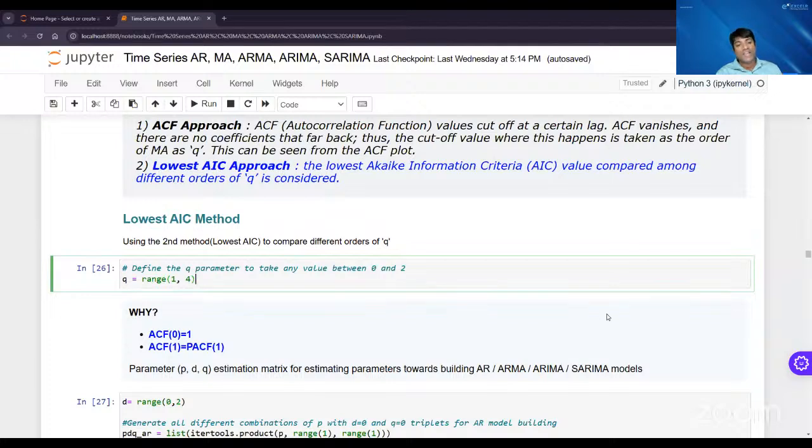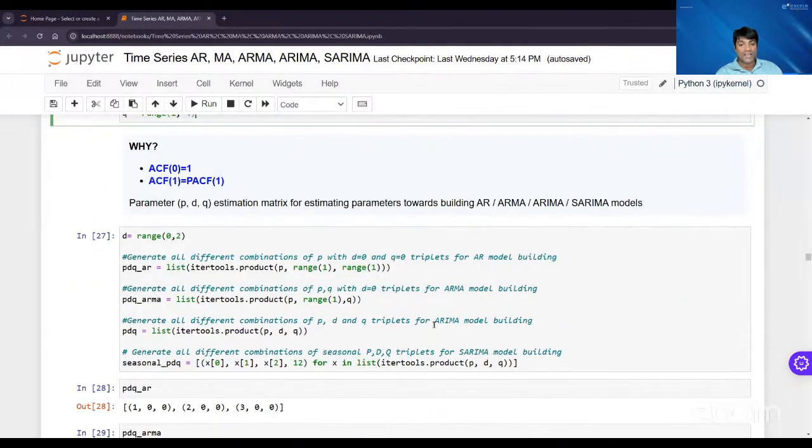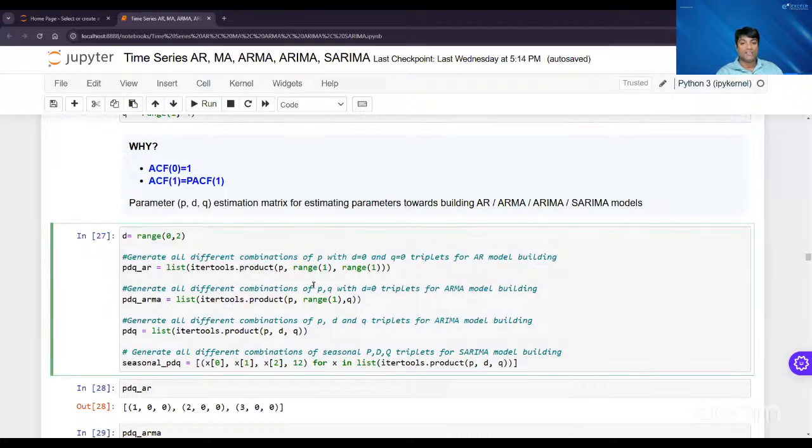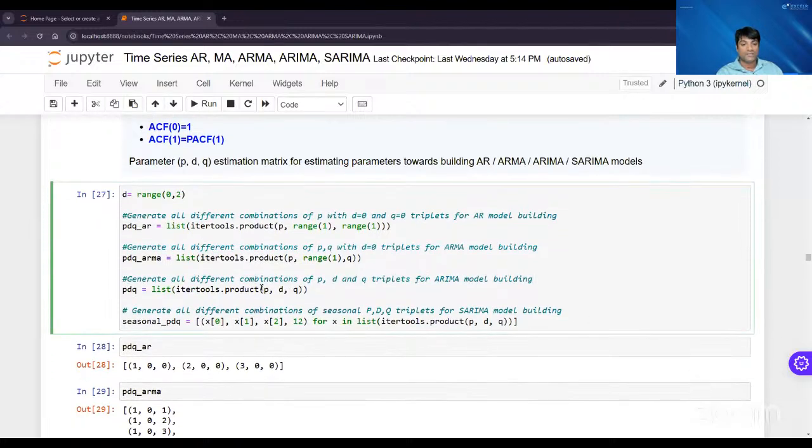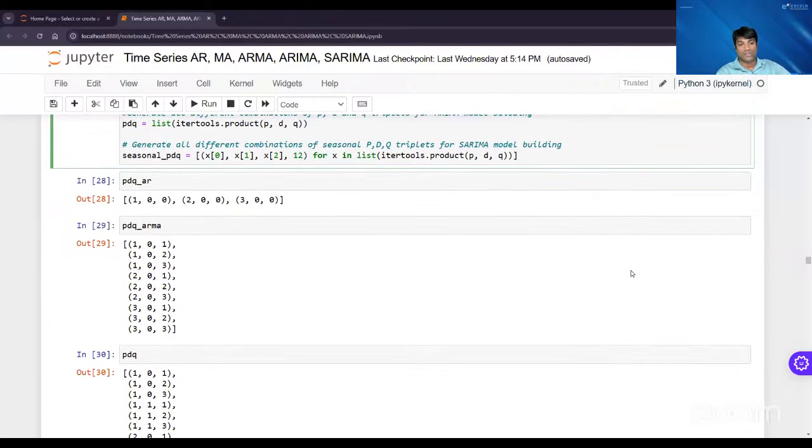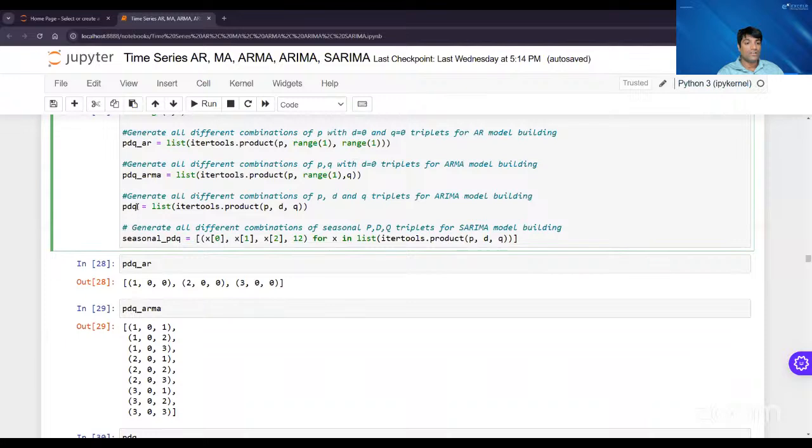So here you can see that for this model, we have to define the Q value, right? And we have defined the Q from the range of 1 to 4. Okay. And now we are iterating the values. We are applying the 3 parameters, which are P, D, and Q, right? And we are iterating over the models.